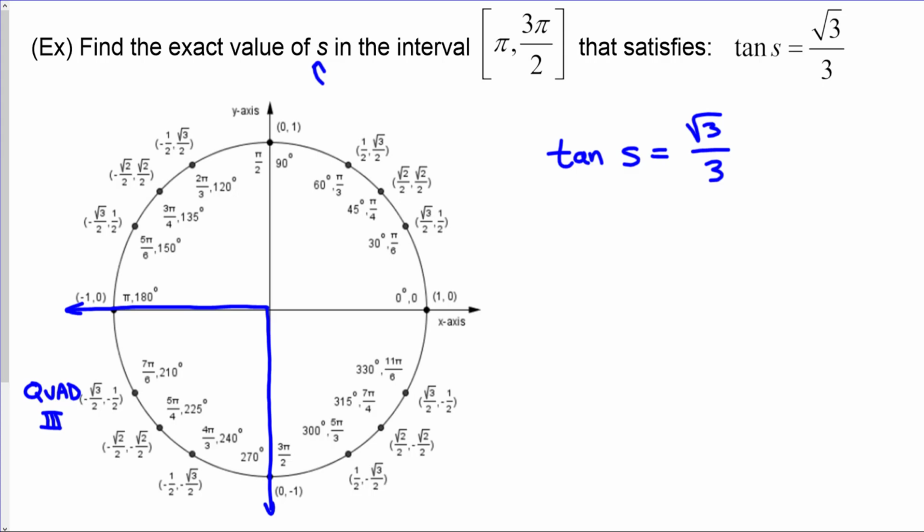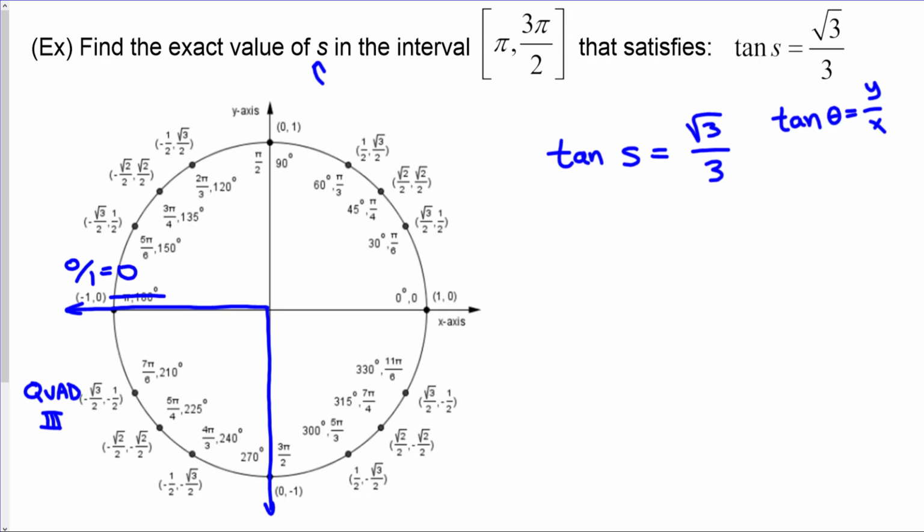Now, we do know that tangent of theta is y over x. So there's one possibility I could rule out here. I could definitely rule out the angle measure pi, because there y over x would be 0 over 1, which is 0. So that's not my angle measure.